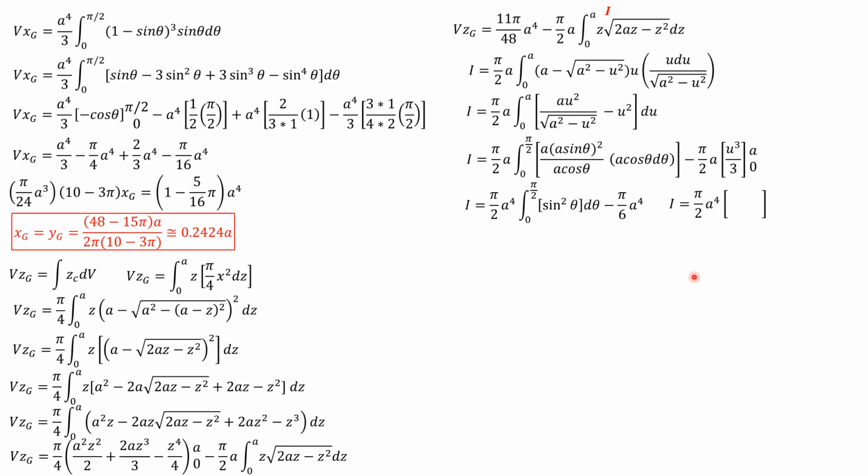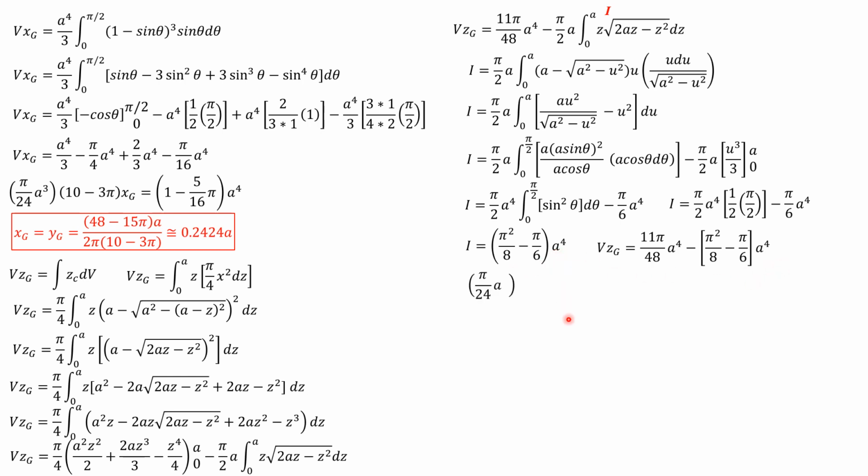So I is pi over 2 a to the fourth times 1/2, then pi over 2, then minus pi over 6 a to the fourth. So I is pi squared over 8 minus pi over 6 a to the fourth. Substitute. Volume G sub z is 11 pi over 48 a to the fourth minus quantity pi squared over 8 minus pi over 6 a to the fourth.